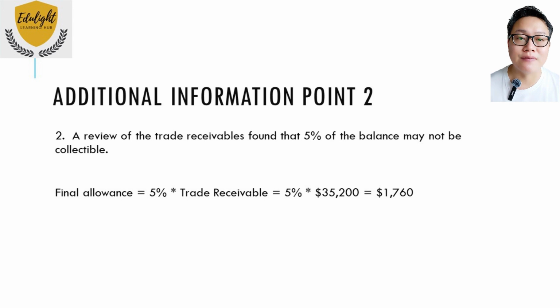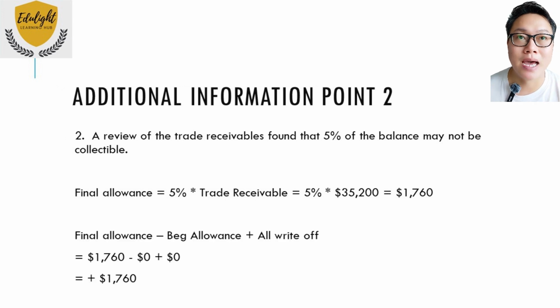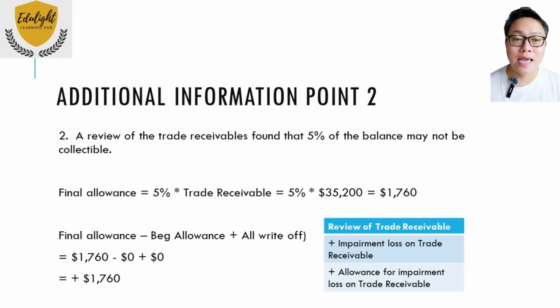This gives me 1,760. That is to say my final allowance is 1,760. Okay. Applying my formula, final allowance minus beginning plus all write-off, I will get a positive 1,760. Remember, I said that when it's a positive 1,760, all you have to do is just add into impairment loss on trade receivable, add into allowances. Okay, so these are the adjustments that you need to do.